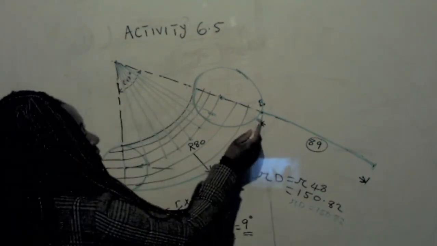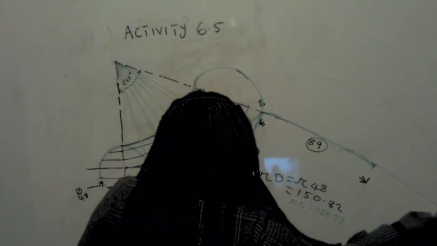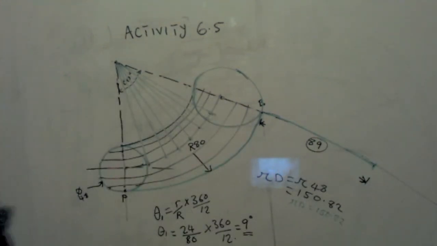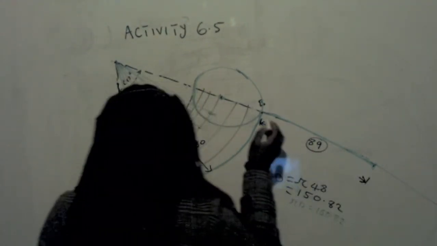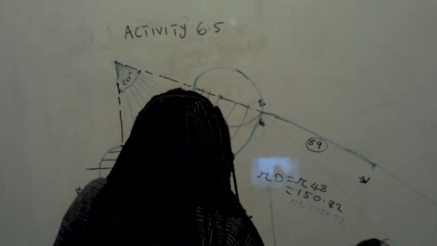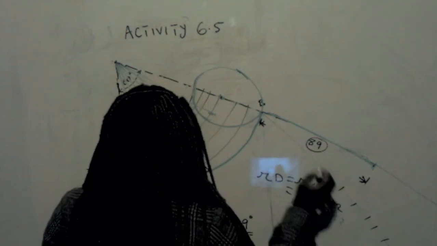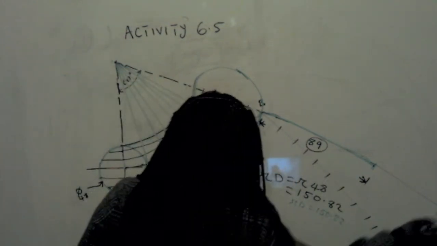Then measure from here along this length all the way 150.82. Then divide that line into 12 divisions. 1, 2, 3, 4, 5, 6, 7, 8, 9, 10, 11, 12. Then connect this to that.